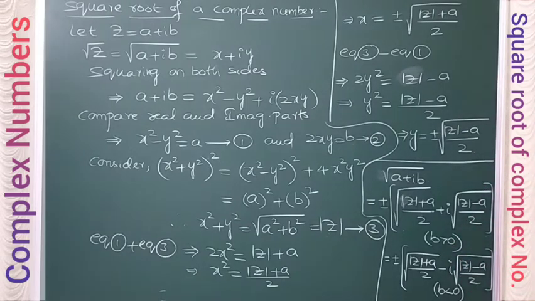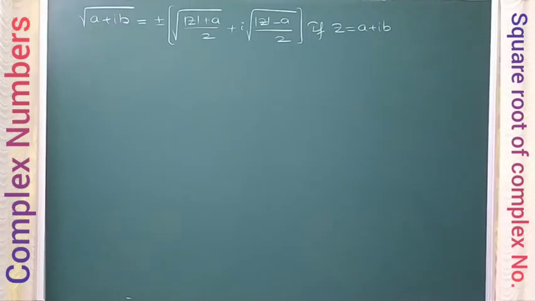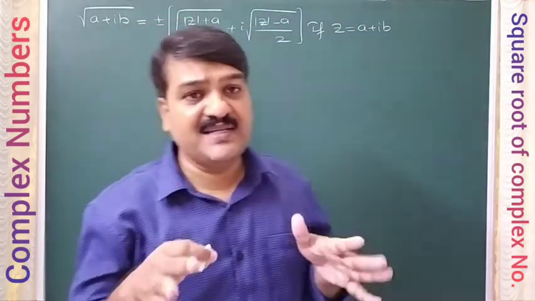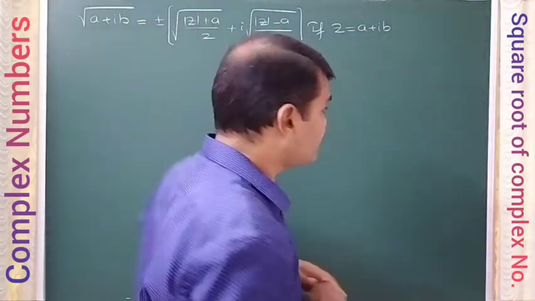So using this formula, let us derive a standard result. This is the square root formula we have derived. Now using the square root of a + ib formula, let us find the square root of i.